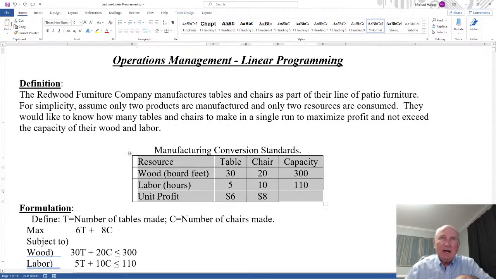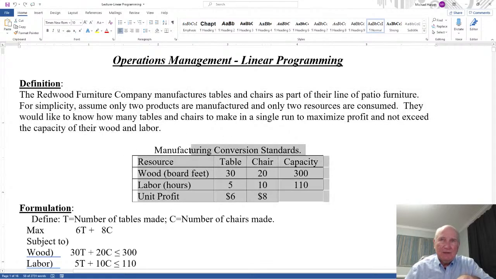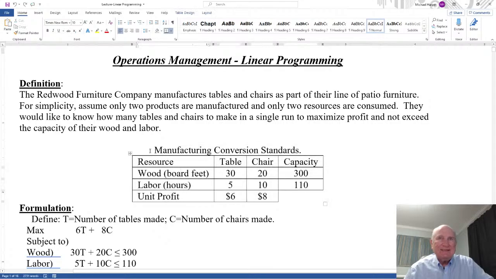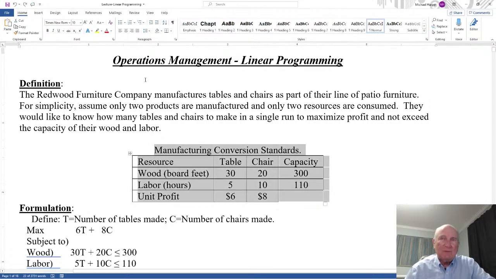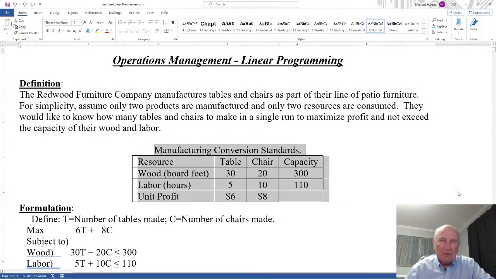Now, this is one definition. Notice I have a definition in a sentence, in a paragraph, and then I've expressed that in a table. So there's really 2 different versions of the definition of this problem. One is a paragraph, the other is a table.